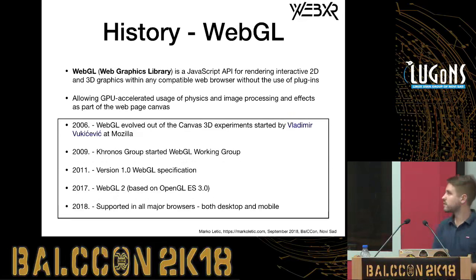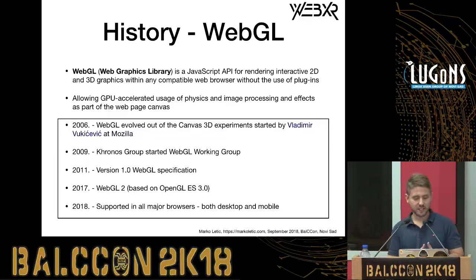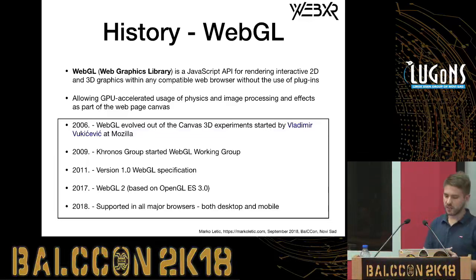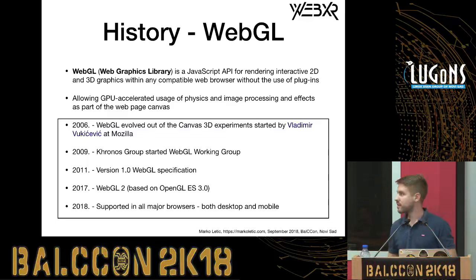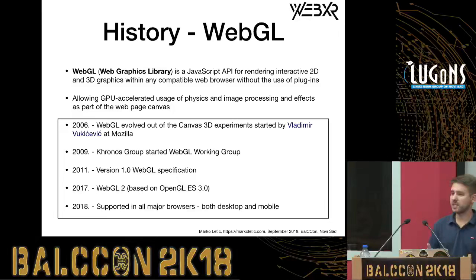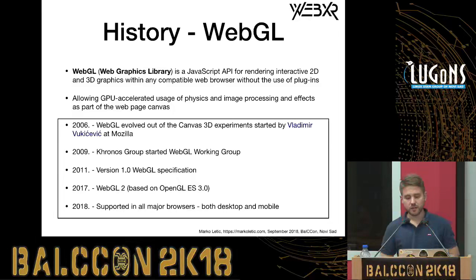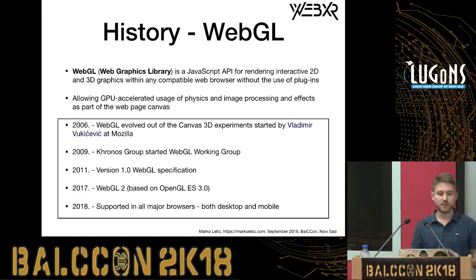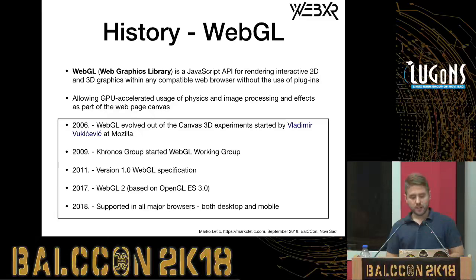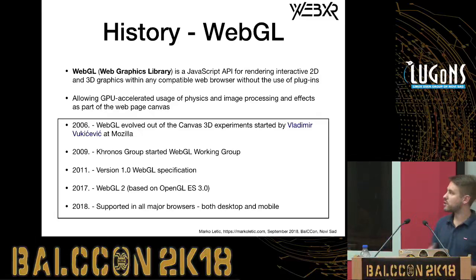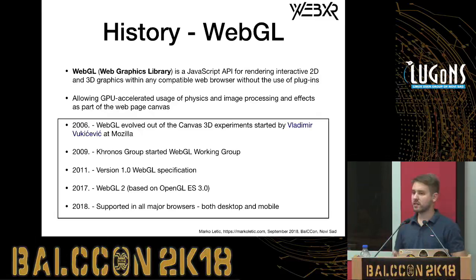So let's go to the story of how we ended up here. WebGL, or Web Graphics Library, is basically a JavaScript API. We need WebGL to be able to render 2D and 3D graphics within our web browsers. Basically everything we're going to show today is based on WebGL.